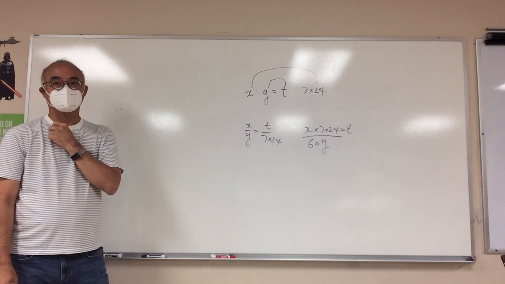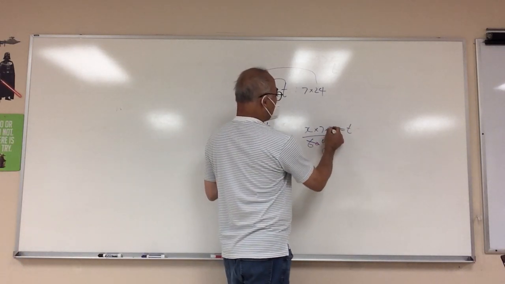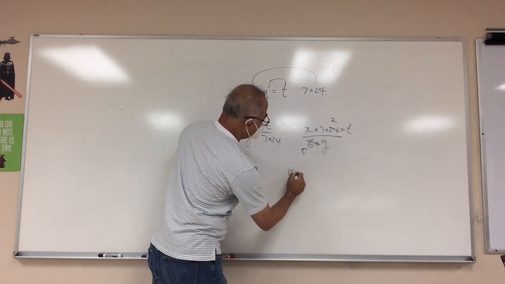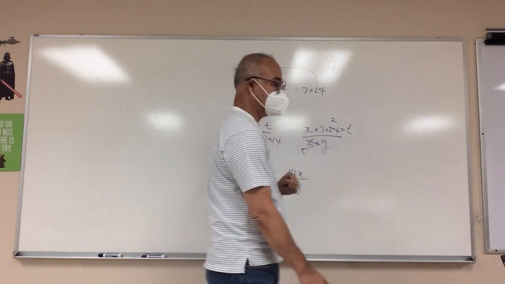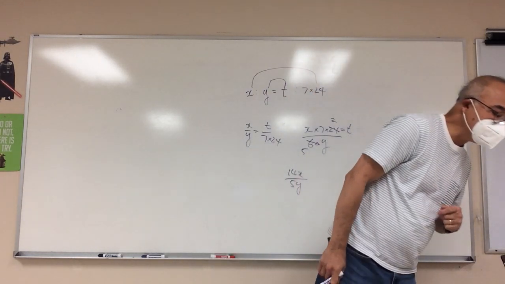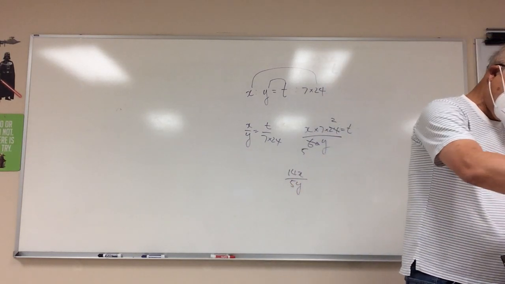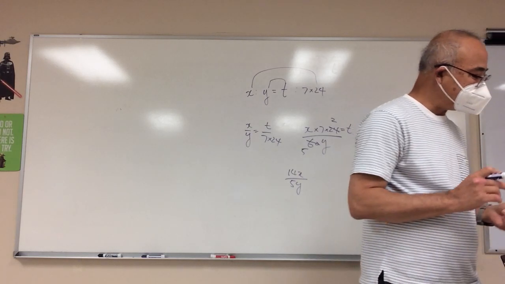Because they want it in hours, right? 14x over 5y is your answer. Something that looks like that? D, I guess? D? Okay.